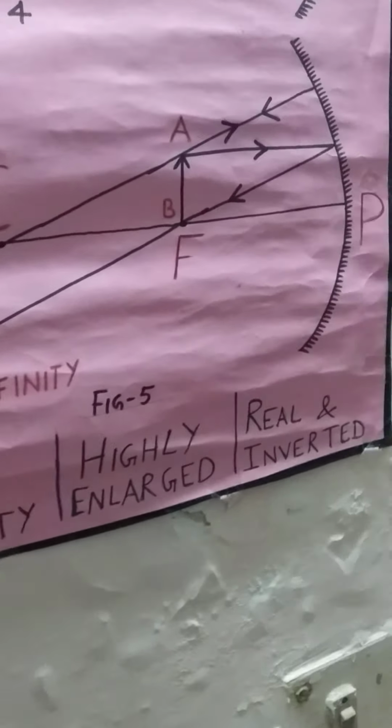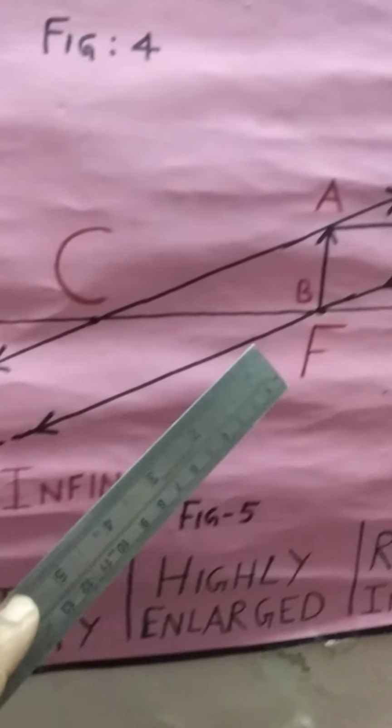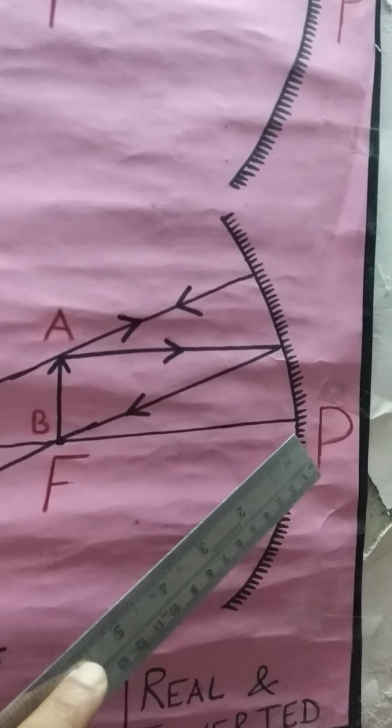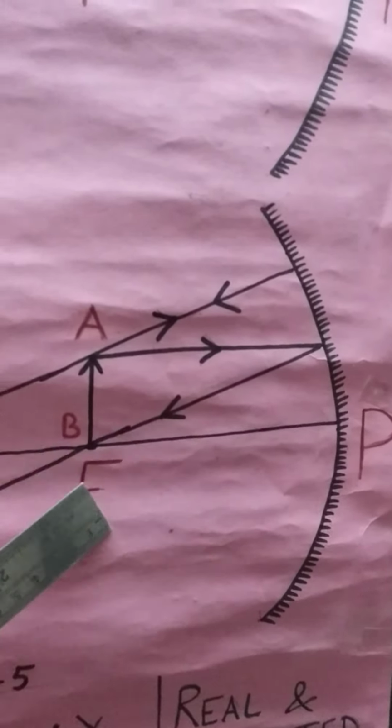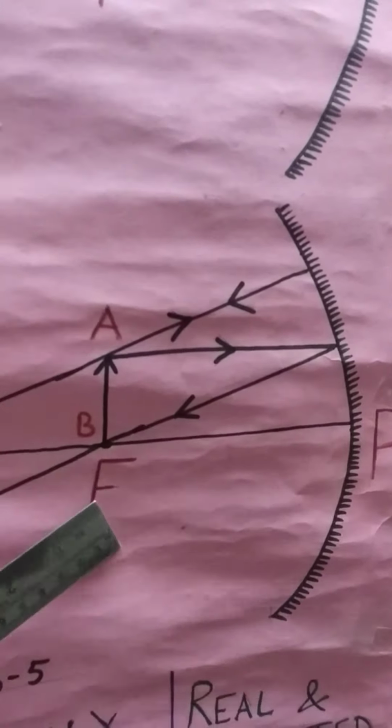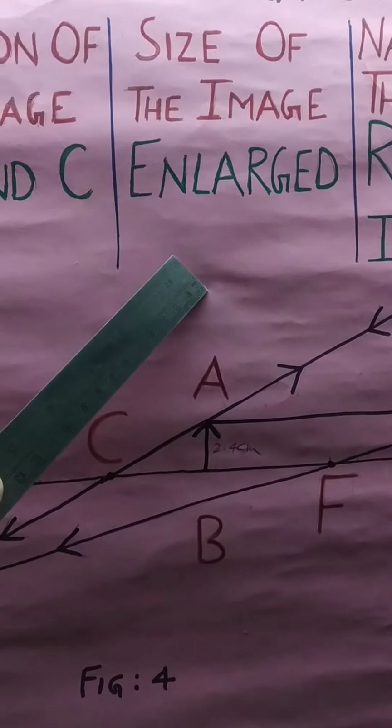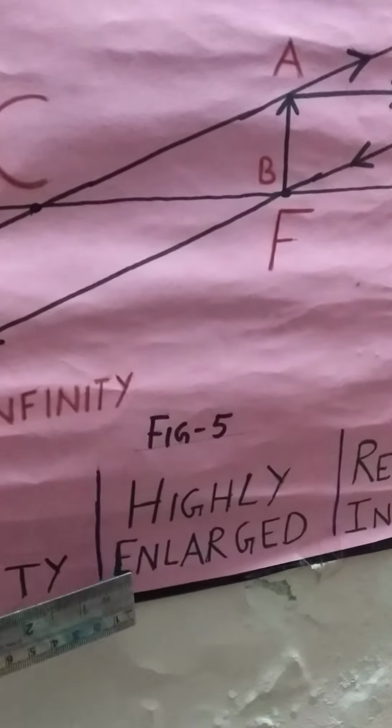In position of the object at focus, the distance between pole and object is smallest among all cases in which a real image is formed, and the size of the image is highly enlarged.